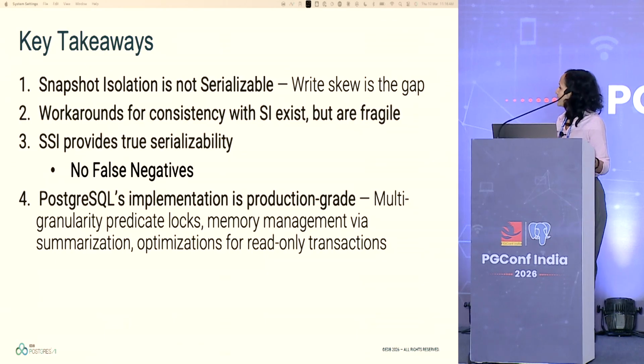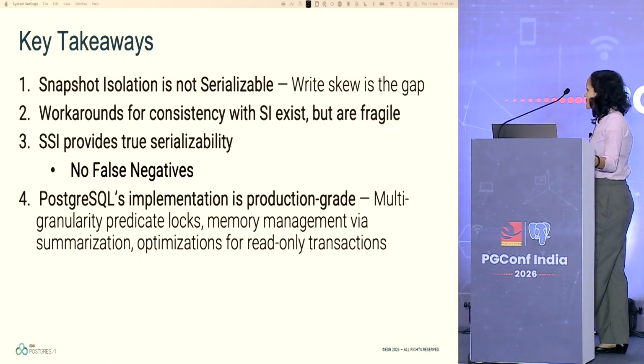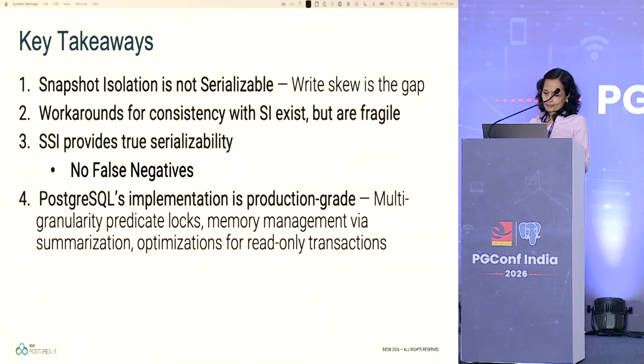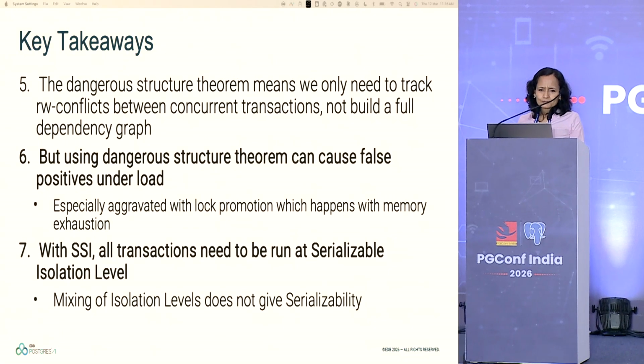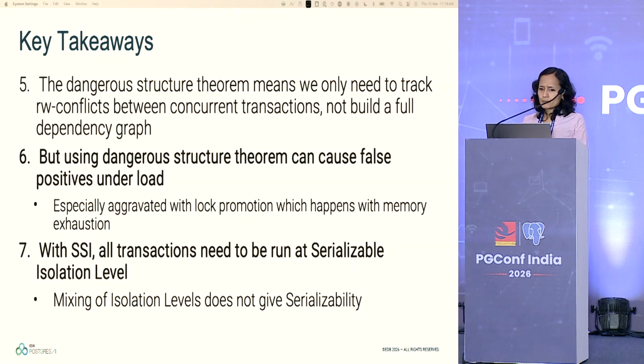we do have multi-granularity predicate locks, memory management, summarization, and optimizations for read-only transactions. The dangerous structure theorem means that we need to track read-write conflicts between concurrent transactions, and we don't have to build a full dependency graph, but using the dangerous structure theorem can cause false positives under load.